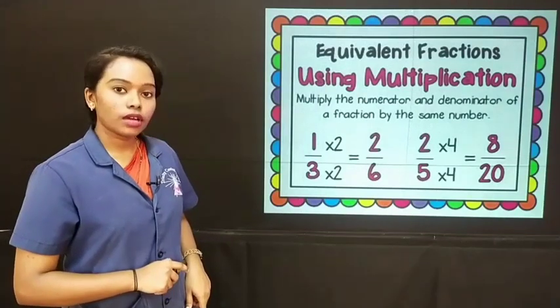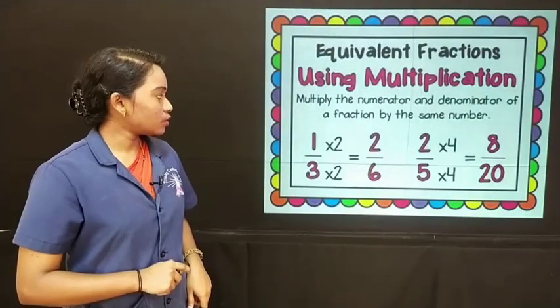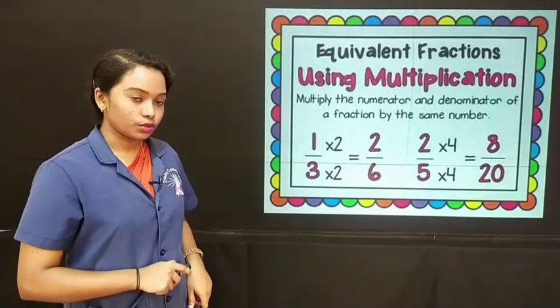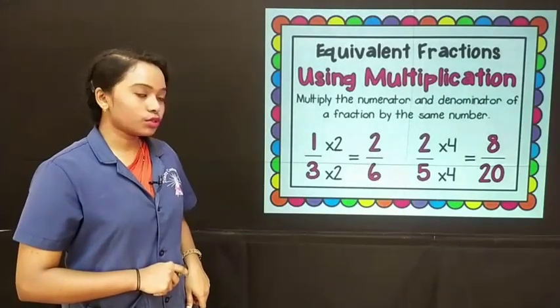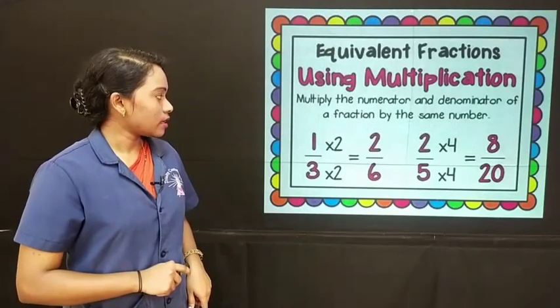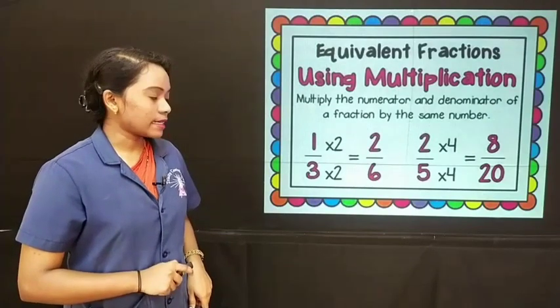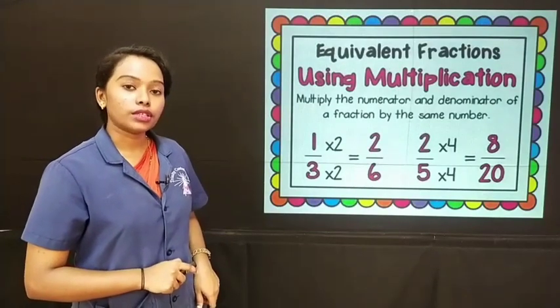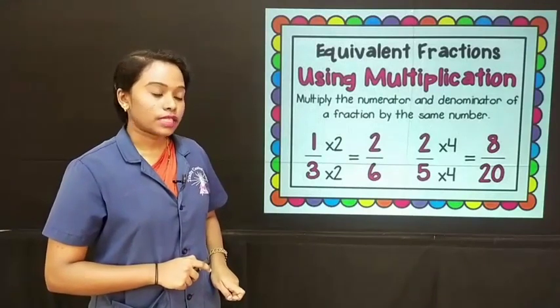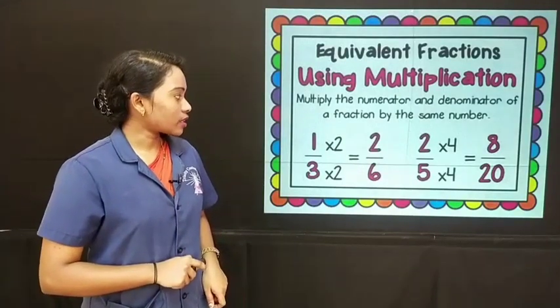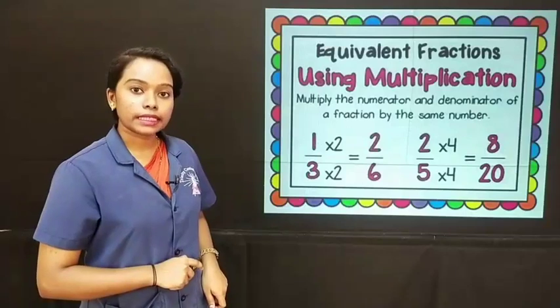Now just multiply, 1 into 2 we get 2 and 3 into 2 we get 6. 2 by 6 is our new fraction which is an equivalent fraction of 1 by 3.